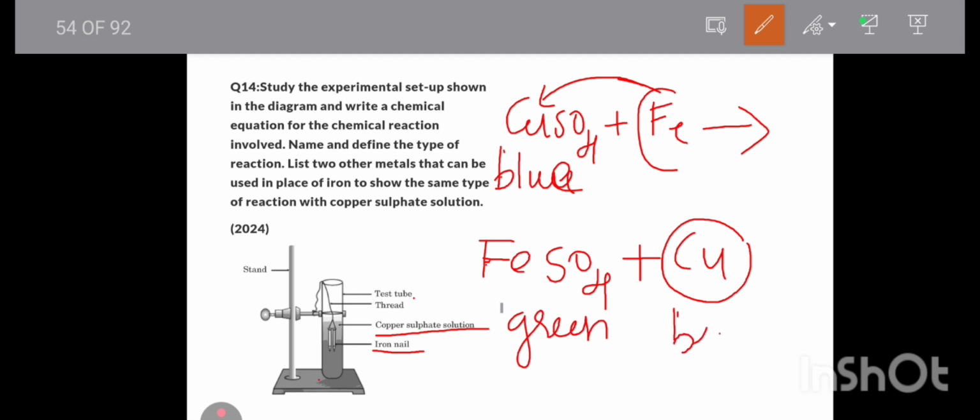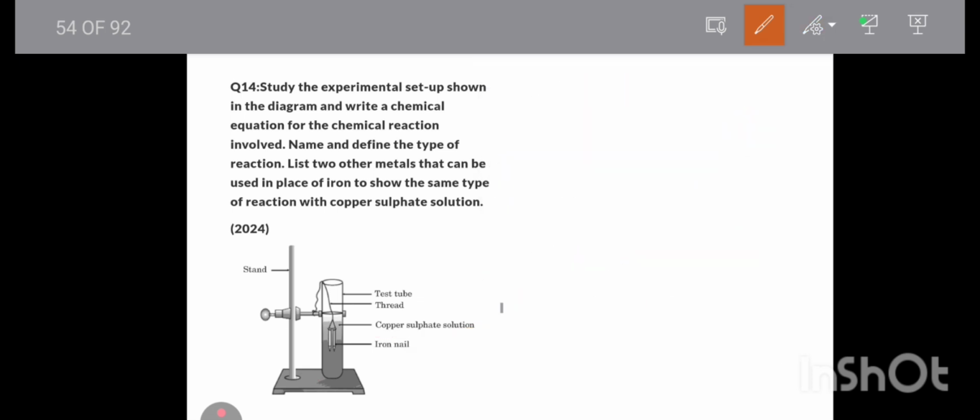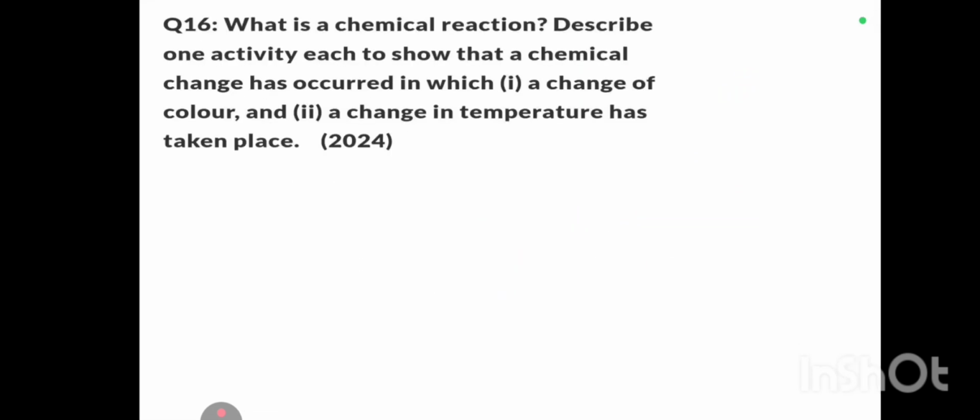Name and define the type of reaction: here a highly reactive metal displaces a less reactive metal from its compound, so it can be regarded as a displacement reaction. Hope this question is clear to you. Let's move to the next question.